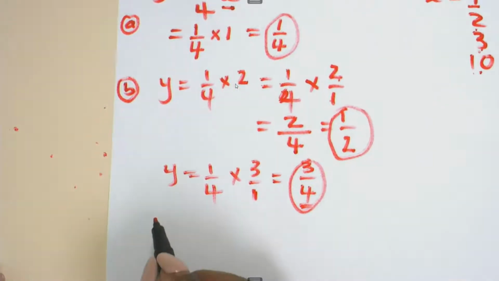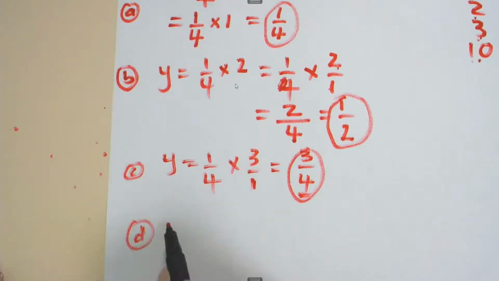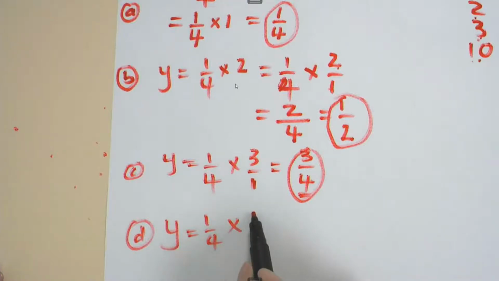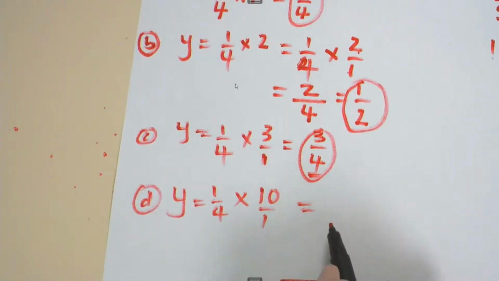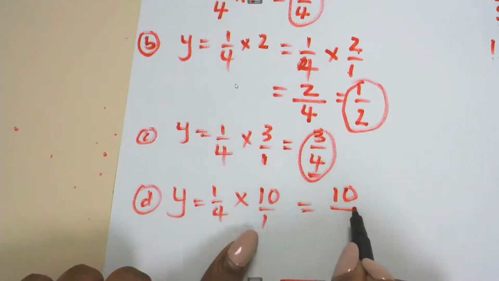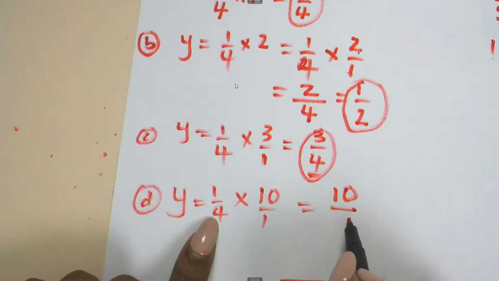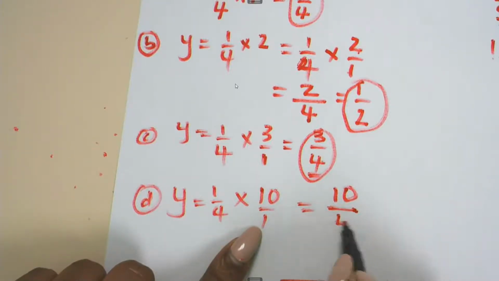Then number D, y equals a quarter multiplied by 10. We don't have a denominator, therefore we have to put 1. Then we have 1 multiplied by 10 is 10, out of 4 multiplied by 1, which is 4.